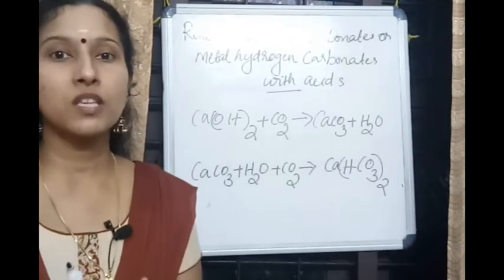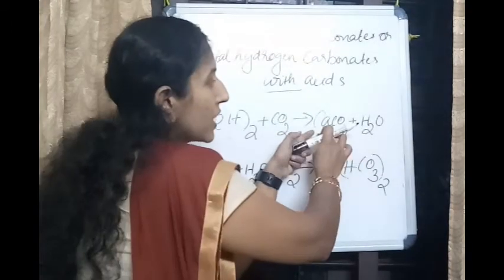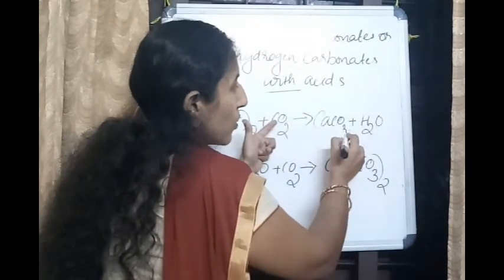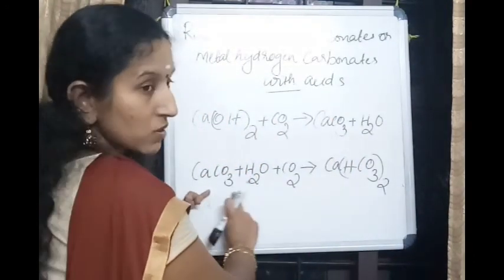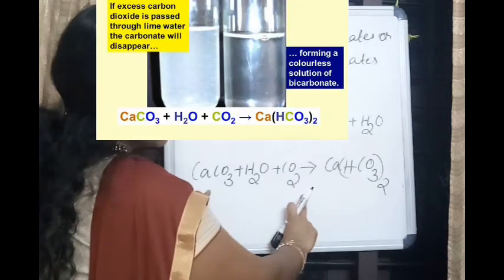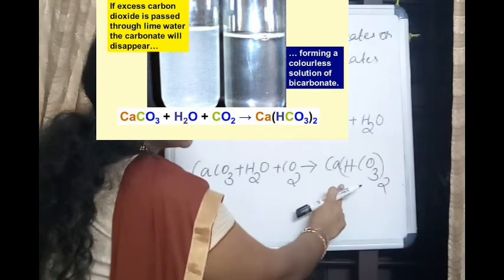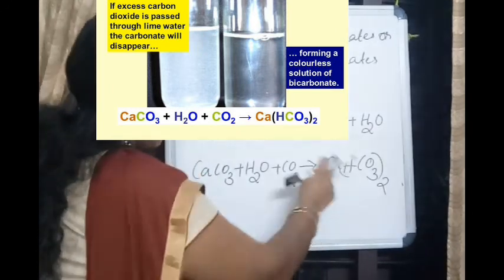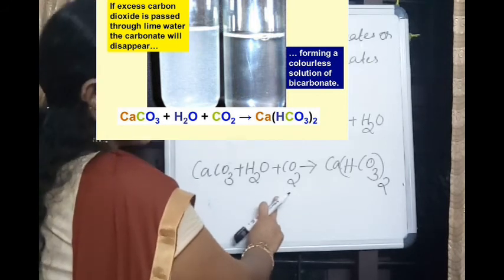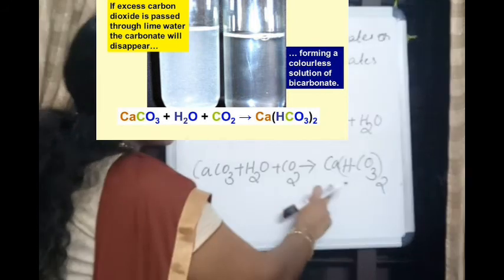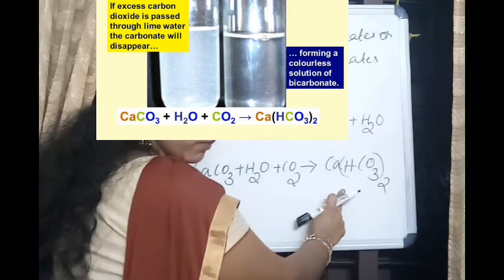Okay, so on passing excess carbon dioxide gas through this solution, the calcium carbonate changes to calcium bicarbonate, and calcium bicarbonate is soluble in water.